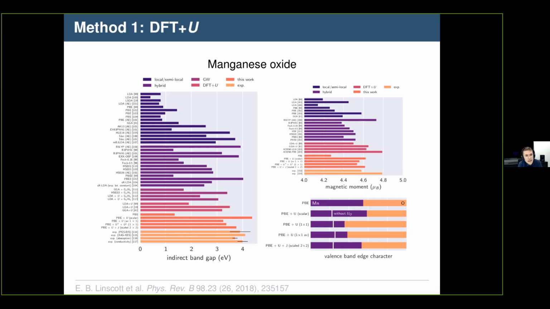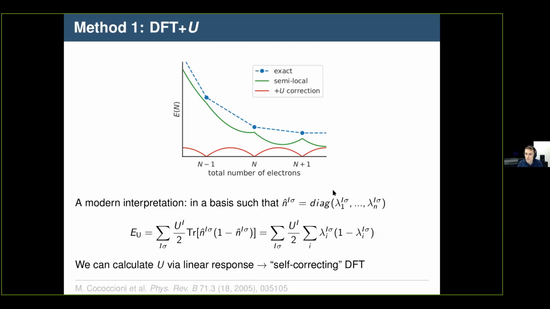And the later transition metal oxides are in the charge transfer insulator regime. So you've got a gap between the transition metal oxygen 2p bands and the upper Hubbard bands. And manganese sits in the middle of these, so we should expect some sort of valence band character that is a healthy mix of both manganese and oxygen character.